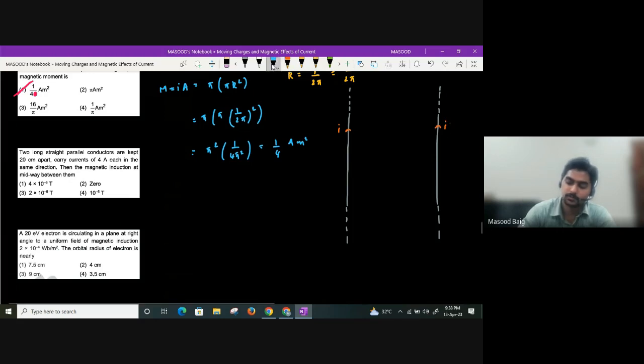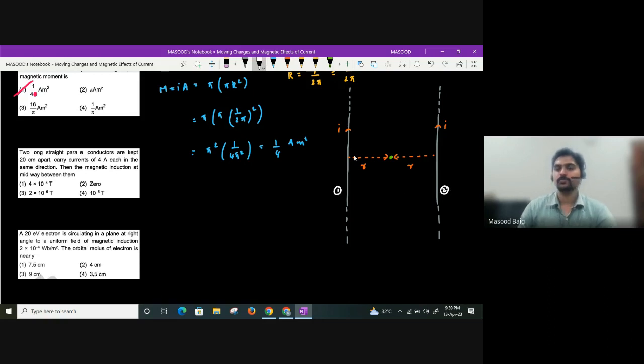They are asking us to find out what is the magnetic induction midway between them. So let us say from here to here distance is R, and from here to here also distance is R. Let us imagine this is the first wire, this is the second wire. In which direction will be the magnetic field at the given point due to the first wire?